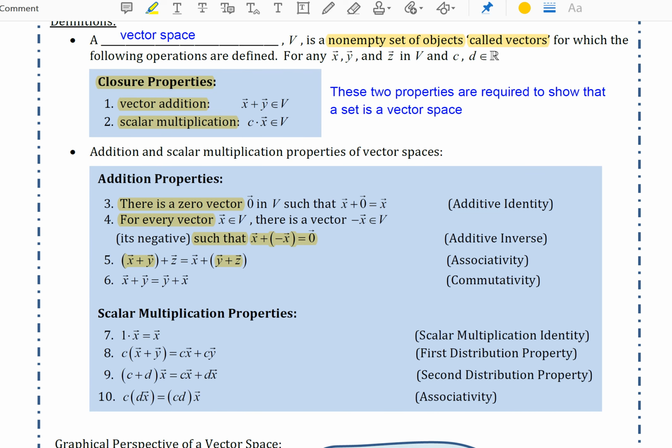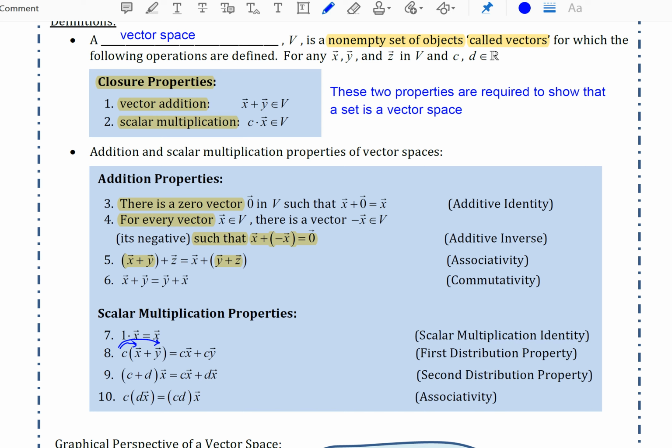There are 4 scalar multiplication properties. There's a scalar multiplication identity: 1 times anything is itself. The first distributive property, saying that if you have a constant times the sum of 2 vectors, you can distribute the constant to both of the vectors.